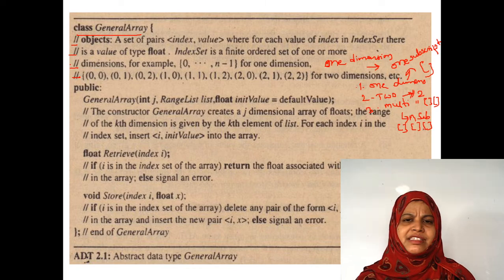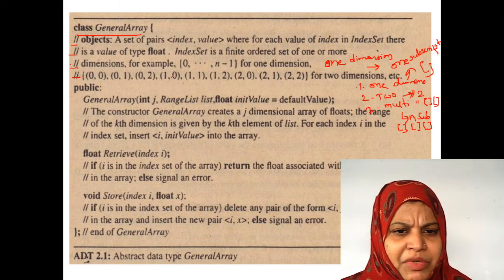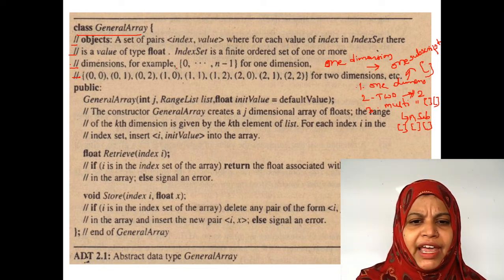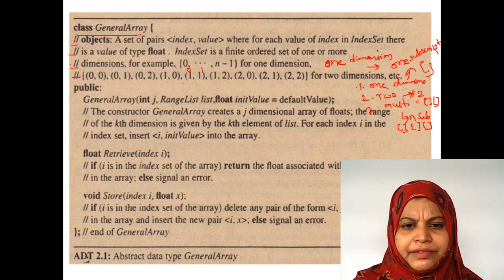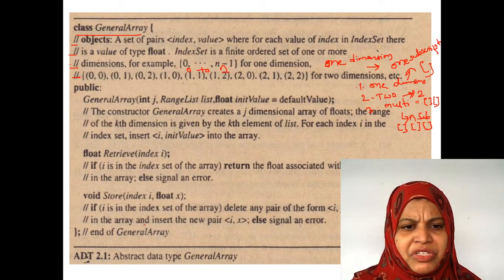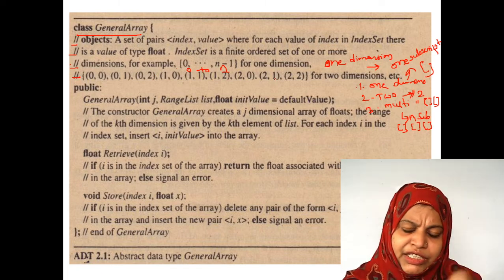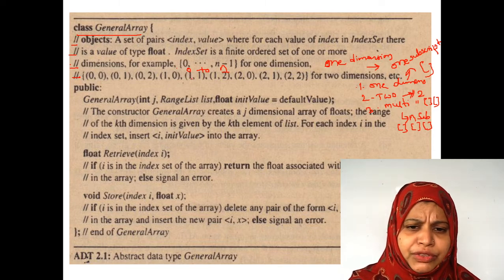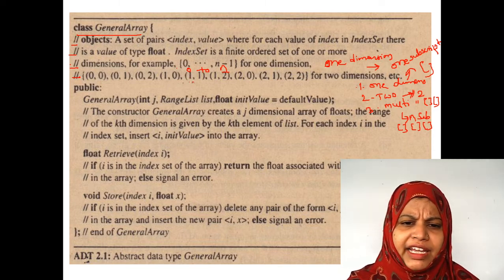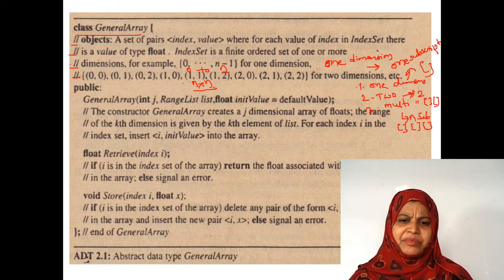If we are going to use a one dimensional array, what is the dimension of a one dimensional array? 0 to n. We can store n number of values. If it is a two dimensional array, then 0 0, 0 1, 0 2, 1 0, 1 1, 1 2, 2 0, 2 1, 2 2, 3 0, 3 1, 3 2, up to n cross n dimensions for the two dimensional array.